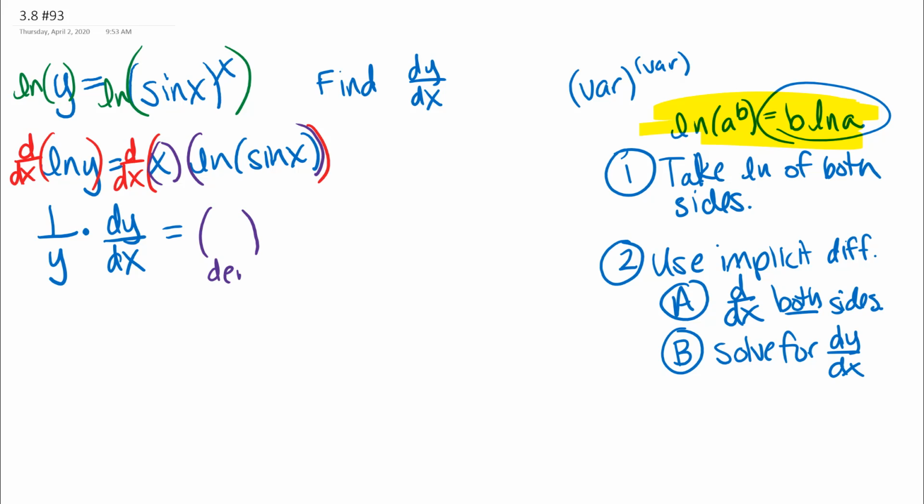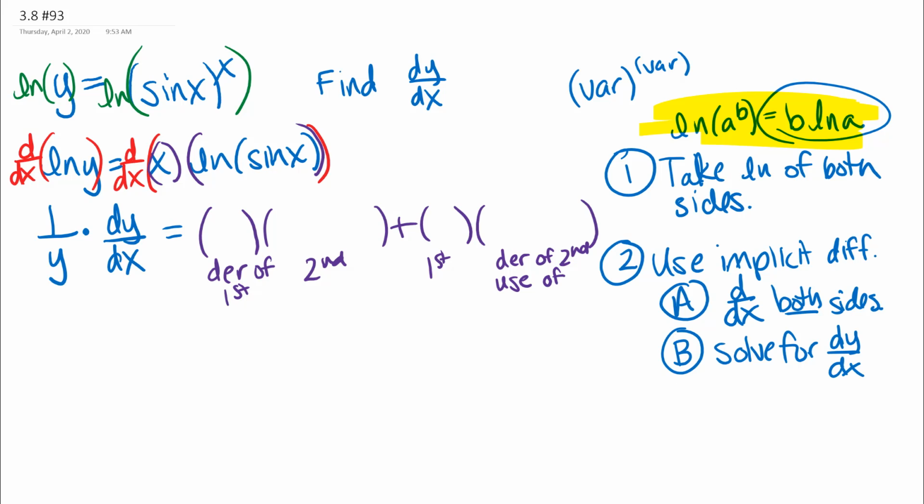Here I'll have the derivative of the first function, which is an easy derivative of x, times the second function, plus the first function times the derivative of the second function, and this part will involve chain rule because I'll take the derivative of the ln of sine of x.